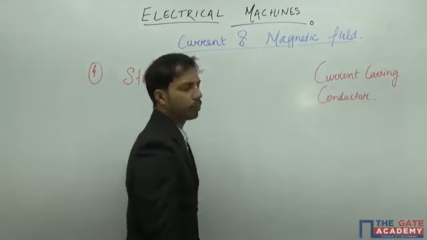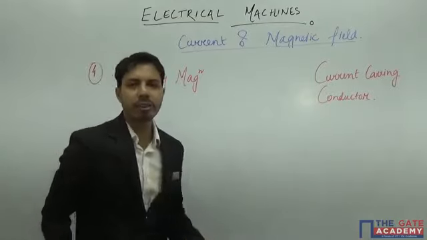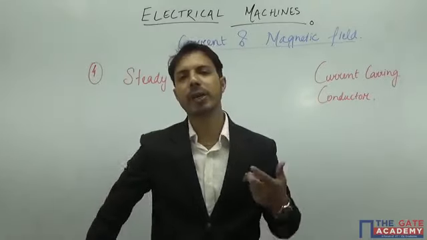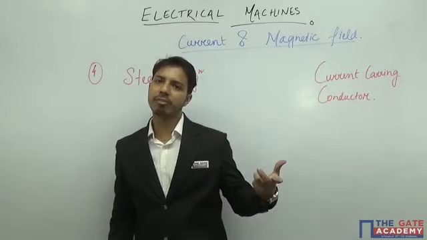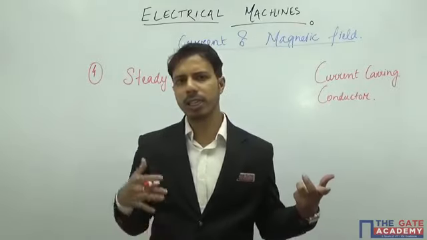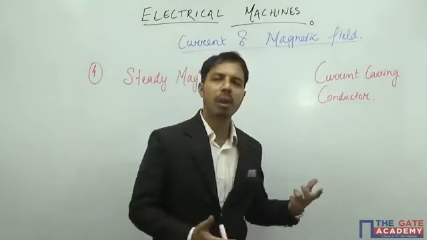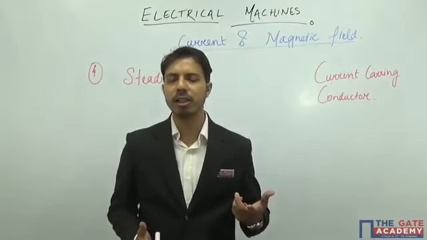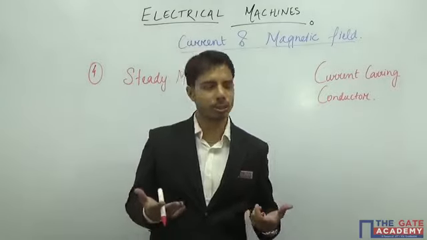Now what will happen? Earlier, if I give steady current, I get a steady magnetic field. If I give a steady magnetic field and I move my conductor, EMF is induced or current is flowing. If I have a changing magnetic field and my conductor is steady, then also EMF will be induced.